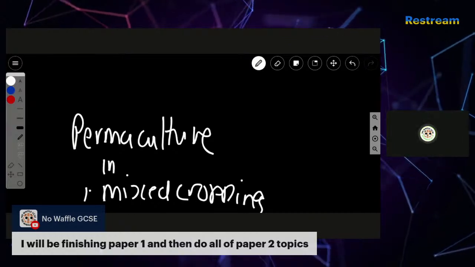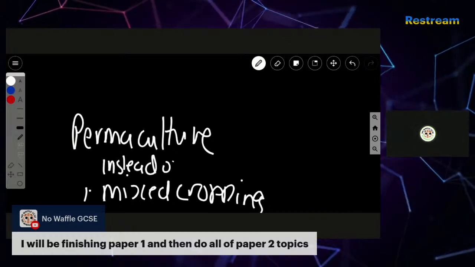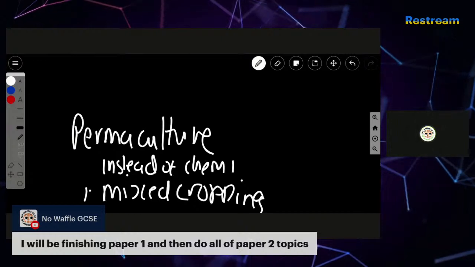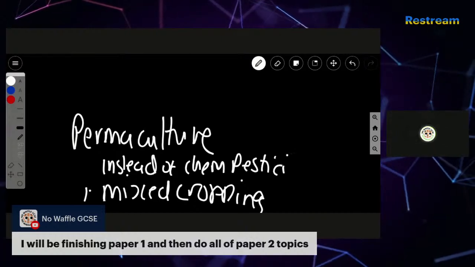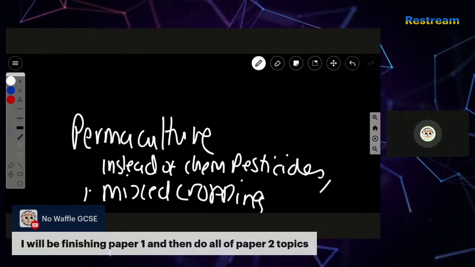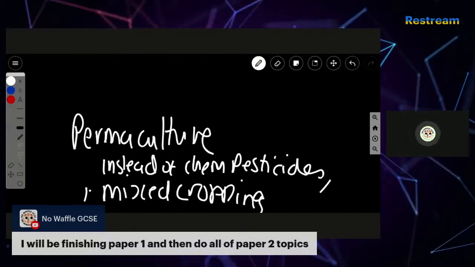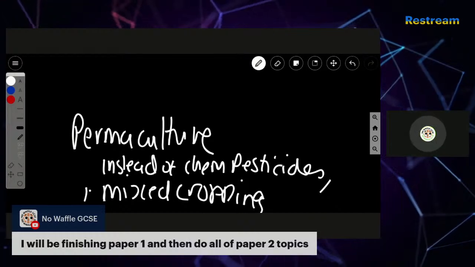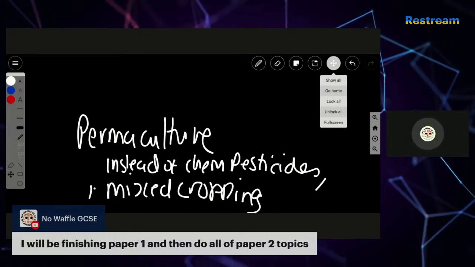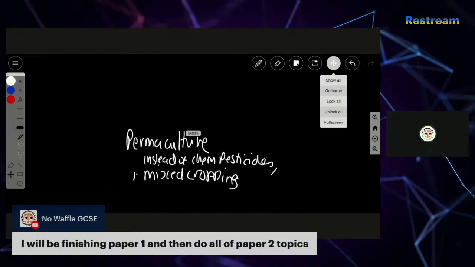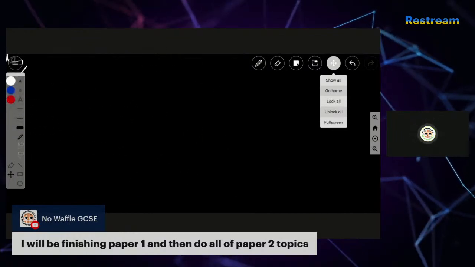So instead of chemical pesticides, using more natural versions such as natural predators like slugs, which will deal with all of the pests. And the final method for low impact farming to make it more sustainable is urban farming initiatives.